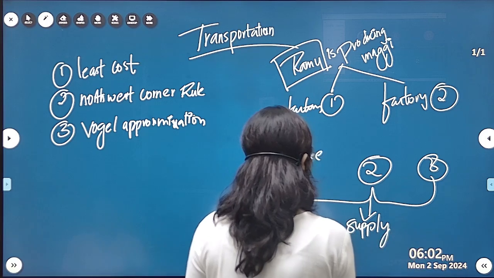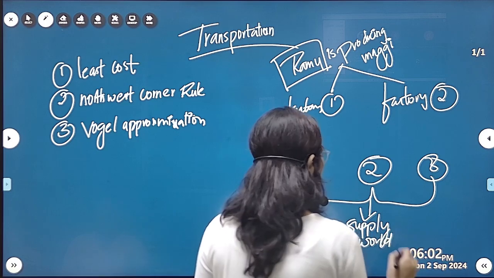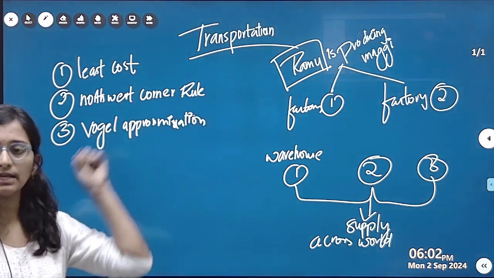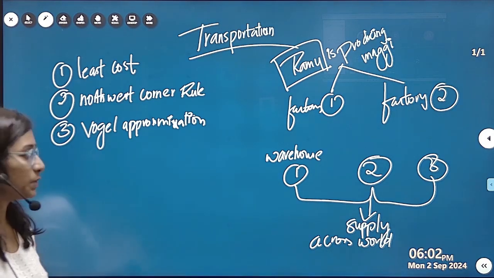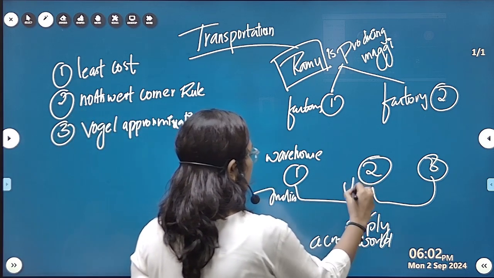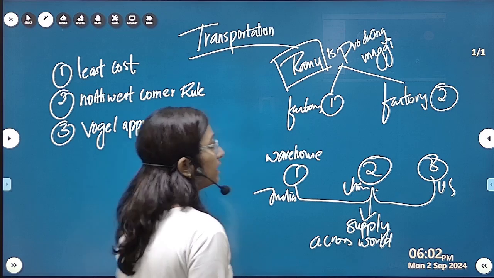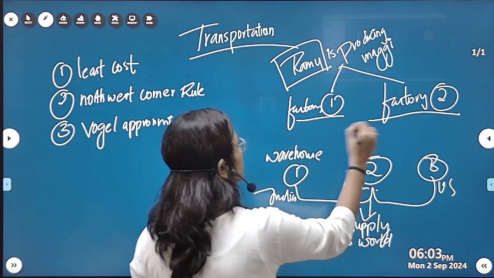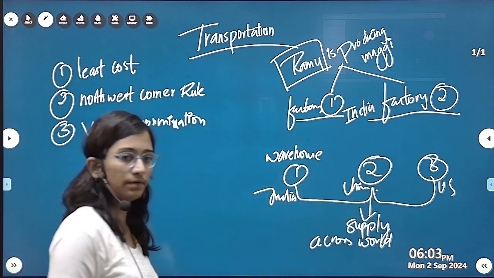He is supplying across the world, or to other states. He is producing Maggi, and he has two factories and three warehouses. Suppose one warehouse is in India, one in China and one in the US.